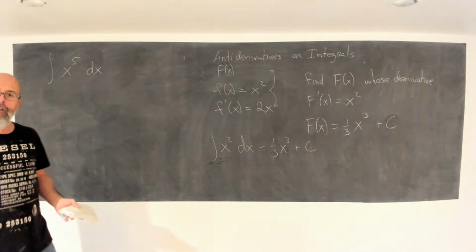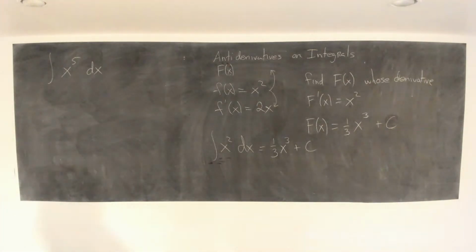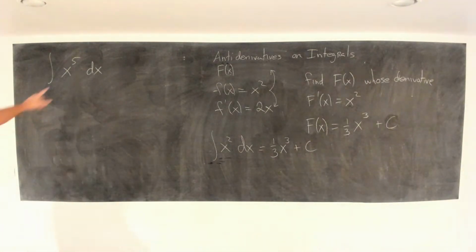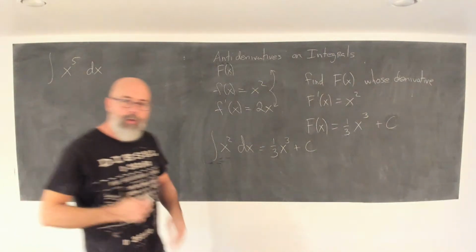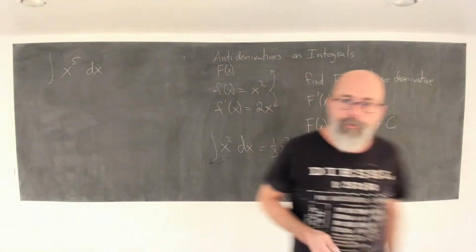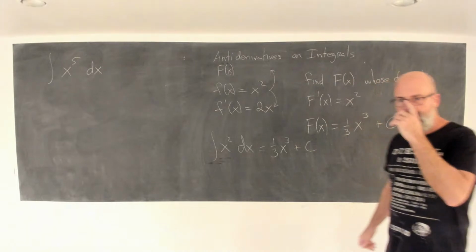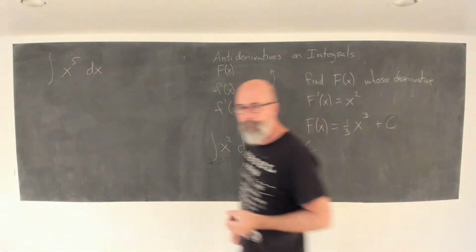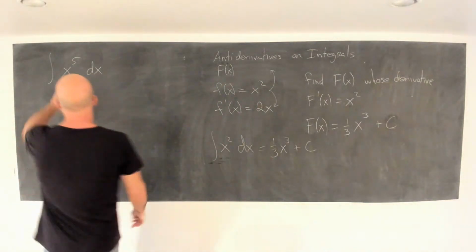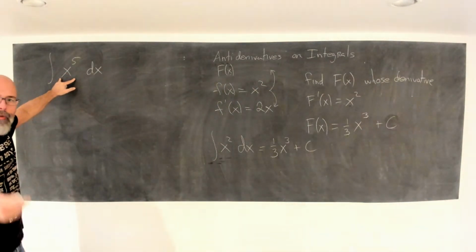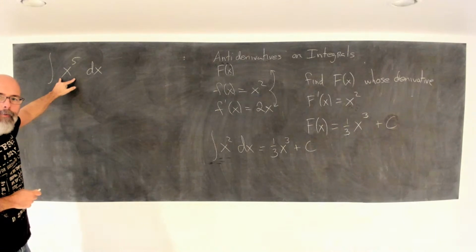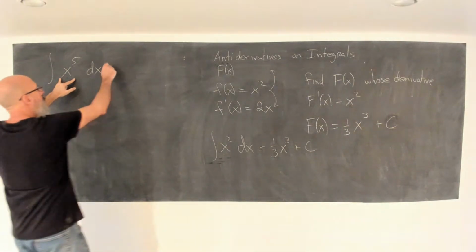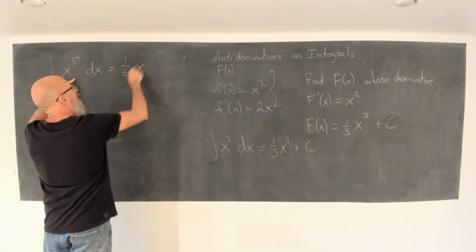What function has derivative x to the 5? What is the antiderivative of x to the 5? You tell me. Can you come up with a function whose derivative is x to the 5? 1/6 x to the 6, right?